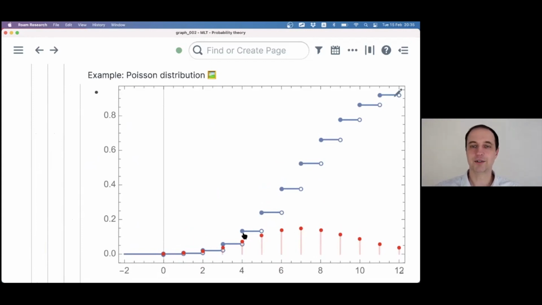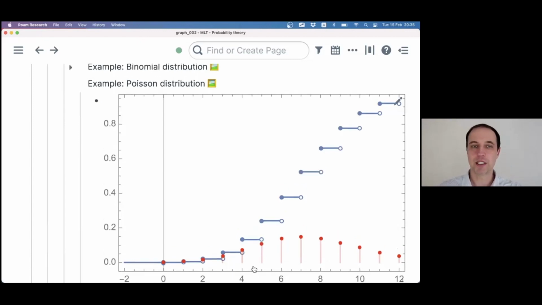The height of the red dot is the value of the probability mass function of this Poisson distribution. And if you ask for the probability mass function at values that the random variable just cannot take, you can say the probability mass function is equal to 0 in there.